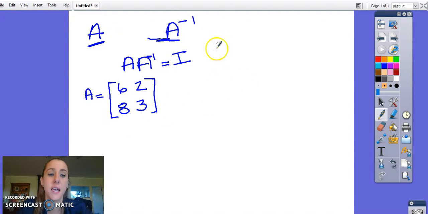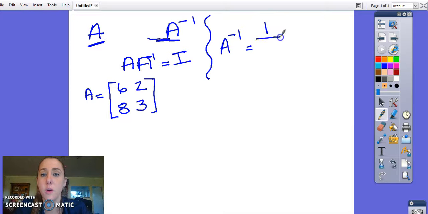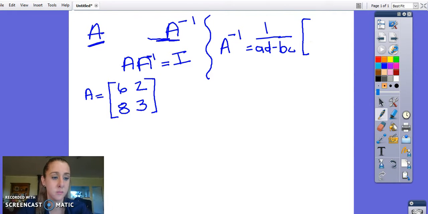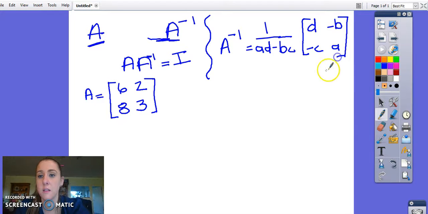Okay, so that's our matrix A. The formula for the inverse is 1 over AD minus BC, and then the matrix D, negative B, negative C, A. We talked about today that this part here was the determinant.